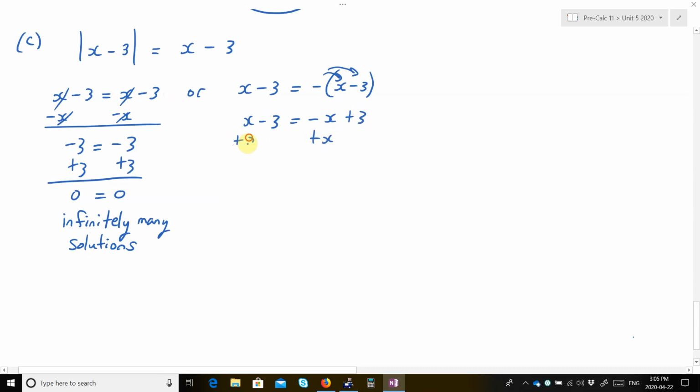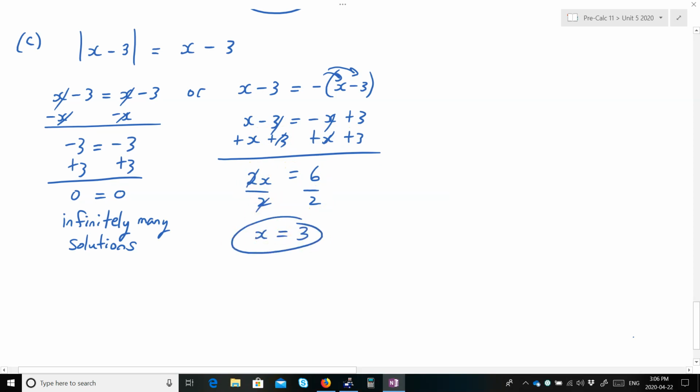And we'll add x to both sides, and we'll add 3 to both sides, and we will get 2x equals 6. And we will get an answer of x equals 3. Okay, so on one side, infinitely many solutions. On the other side, just when x equals 3.